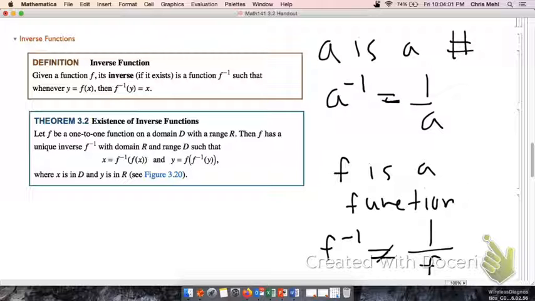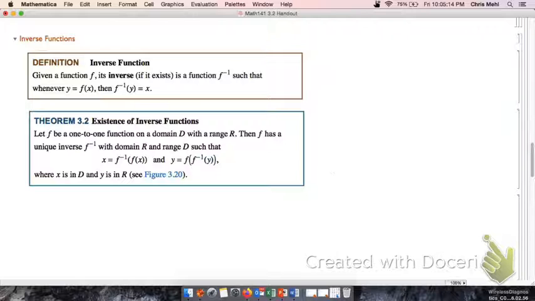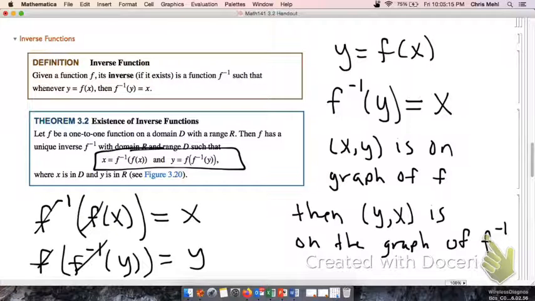When you write f with a -1 superscript, that's really just notation for what's called the inverse function. And the way it works, I'll rewrite it here on the side. I just noticed my video was paused, so I'm not sure where I lost everybody there.